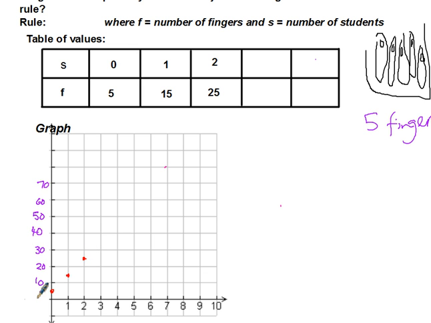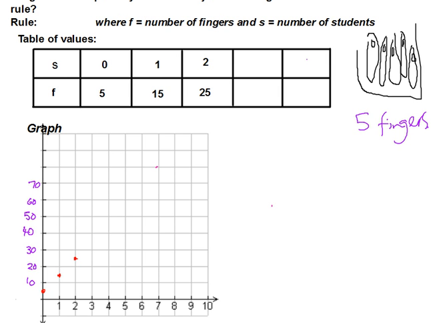So you can see, if I kept going, I would continue in that direction. I still have a linear pattern, but what's different about this linear pattern is that it doesn't go through the origin. It doesn't go through that point 0, 0. It actually goes through the point 0, 5.